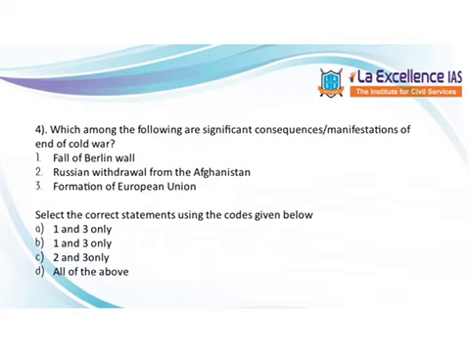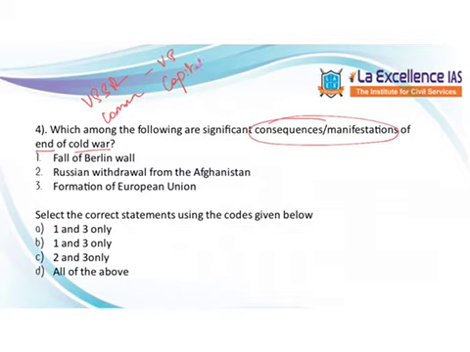Which among the following are significant consequences or manifestations of the end of the Cold War? We are well aware that the Cold War was a rivalry between ideologies, that is USSR with communist ideology and US with capitalist ideology. This war was supposed to end with the disintegration of the USSR. The fall of the Berlin Wall is a manifestation of this, because the Berlin Wall divided the West and the East, where East Berlin was taken care of by US, UK and France, and West Berlin by the Soviet Union.